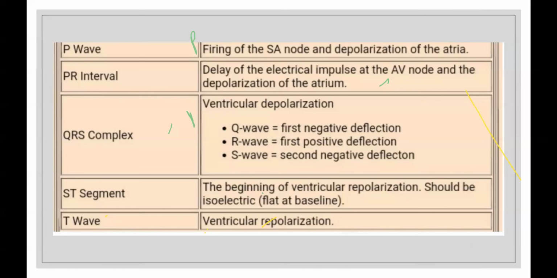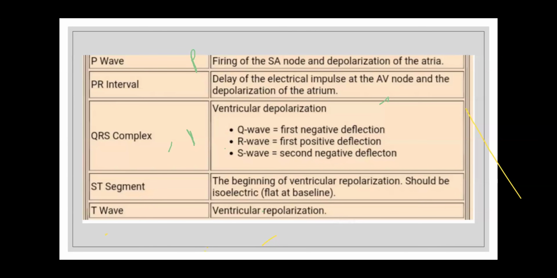And the important thing, let me tell you, the QRS complex comprises three waves. The initial negative deflection. What do you mean by negative deflection? Consider this is your straight ECG line, or you can say isoelectric line. Negative means downward. If the wave is going in a downward direction, this is called negative deflection.